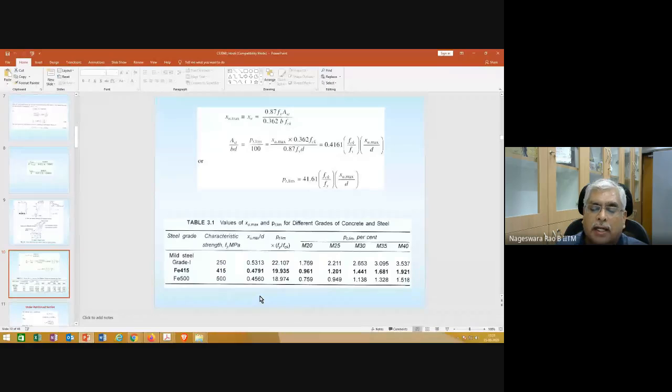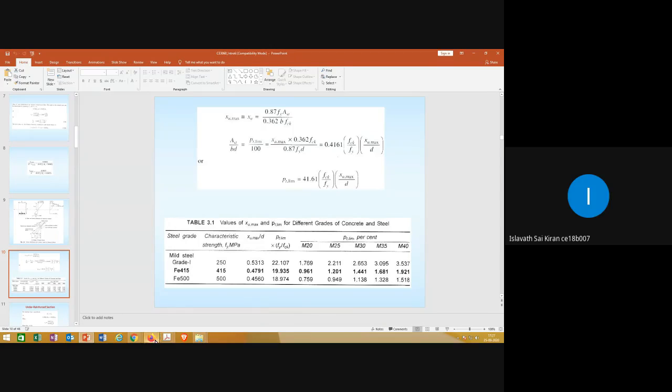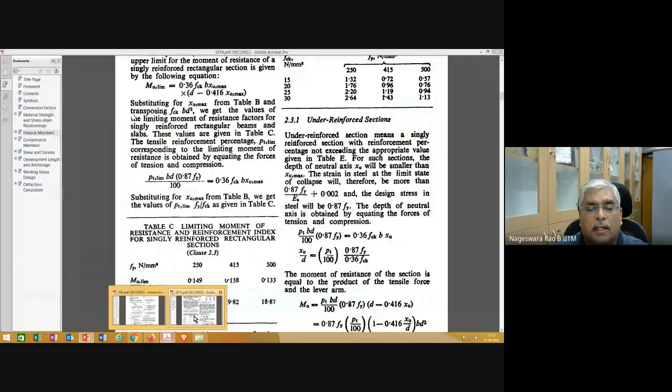One of you take a lead, do that simple multiplication and tell me the values. So what is 41.61 multiplied by 0.5313? 22.107. Please check whether this is the same.